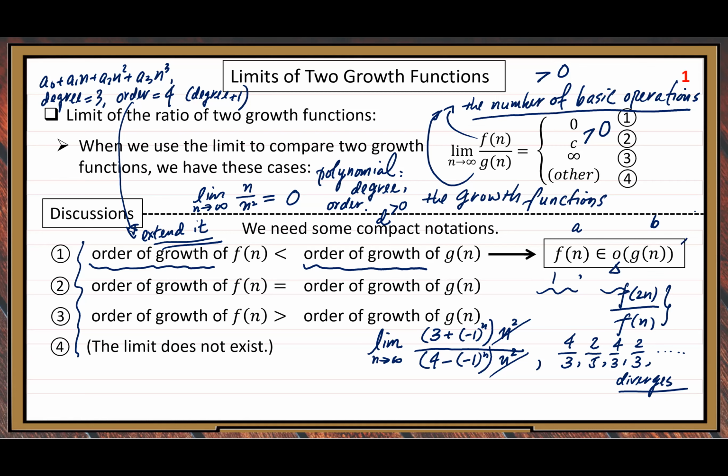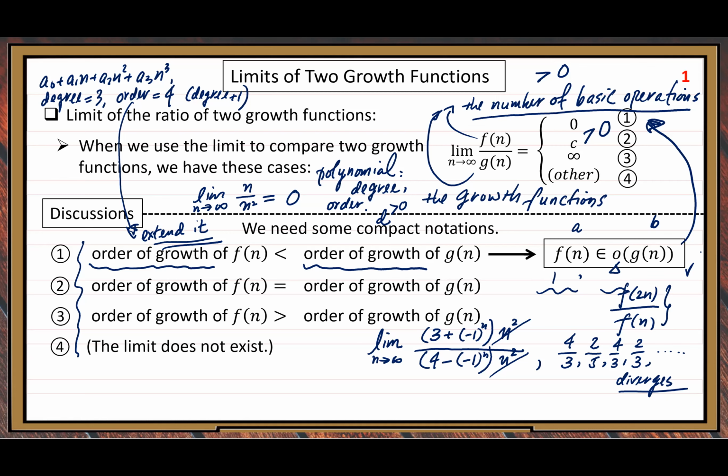The meaning is the limit of f of n over g of n equals 0. But we don't want to write it in that relatively more complex way. We want to write in a relatively simple way, and this is the simple way.